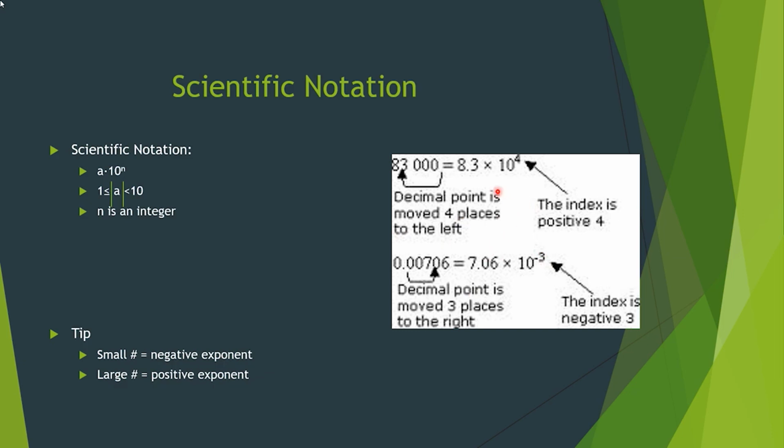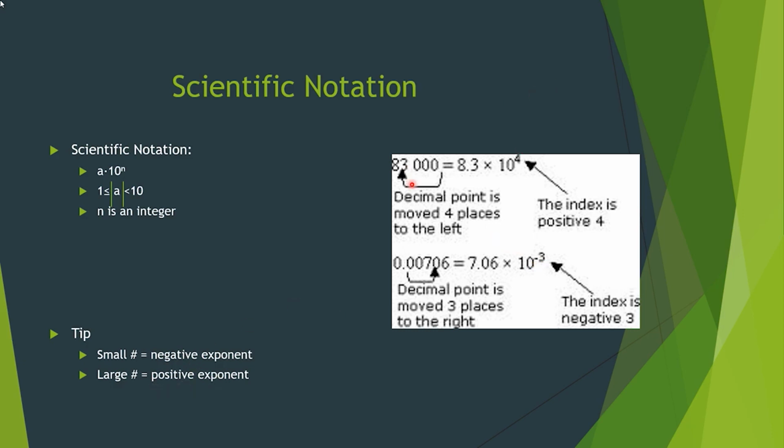So here's a rough example of scientific notation. And I wouldn't memorize the direction, because moving left, making it positive or making it negative, it switches when you're in between. So what I recommend is that you just remember this tip: when it's a small number, meaning a decimal, then you're going to have a negative exponent.